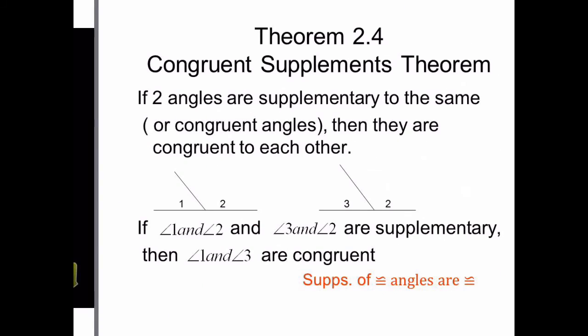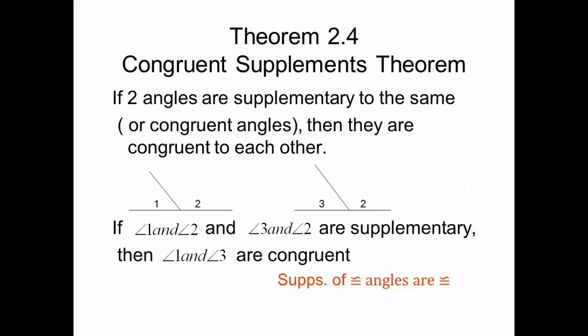And our next one is the congruent supplements theorem, and it says that if 2 angles are supplementary to the same angle, then they are congruent to each other. So over here on the left, what we see is if angle 1 and angle 2, and angle 3 and angle 2, are supplementary, then angle 1 and angle 3 are congruent.